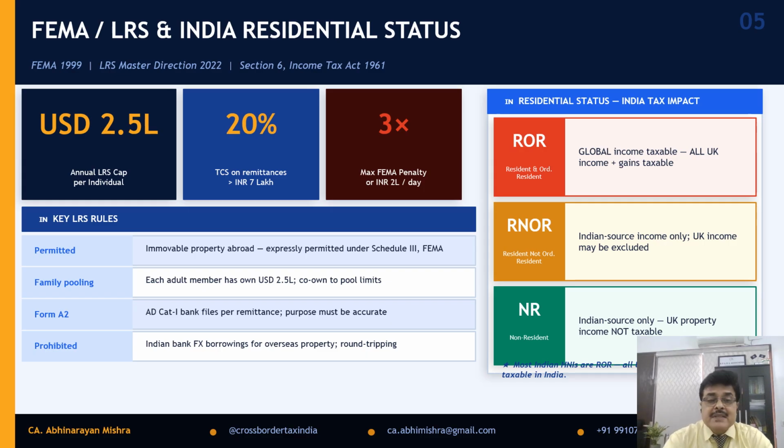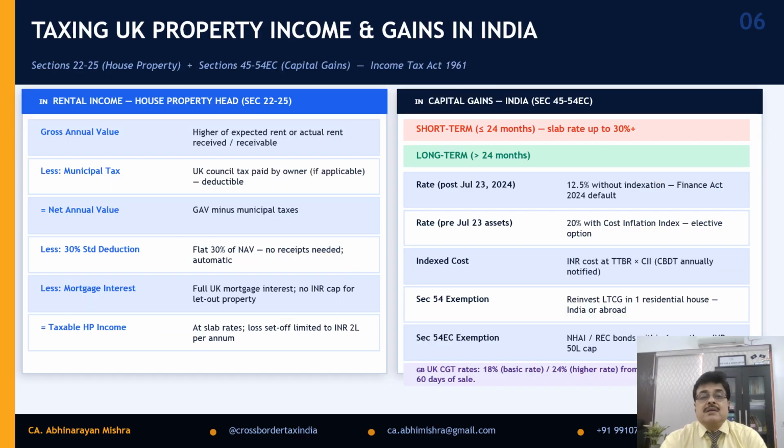If we go further to the taxing of UK property income and gains, for an ROR, the UK rental income is taxed under the house property head.